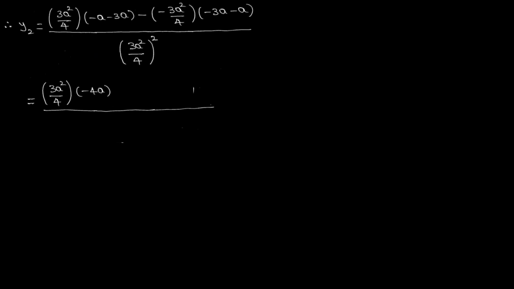Minus 4a, here minus into minus plus we have taken 3a square by 4, again minus 4a, whole divided by, when we square each and every term, 9, because 3 square is 9, a square, its square will be a to the power 4 divided by 16.